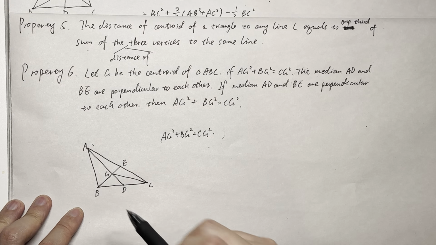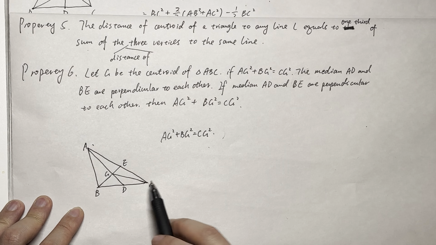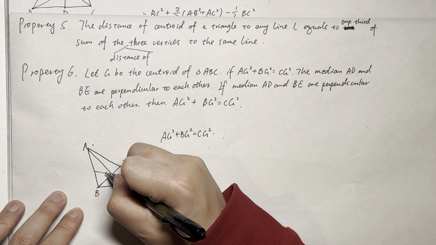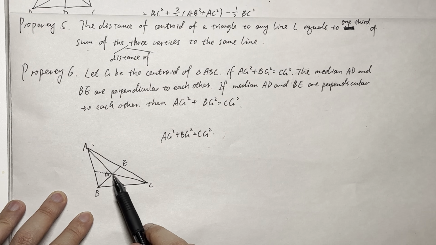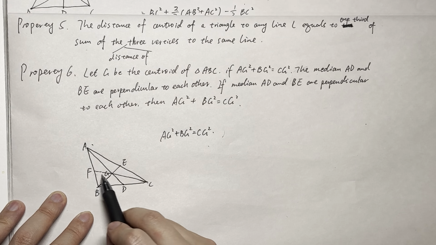So AG squared plus BG squared equals CG squared. And we already know that CG squared is 4 times GF squared, right?